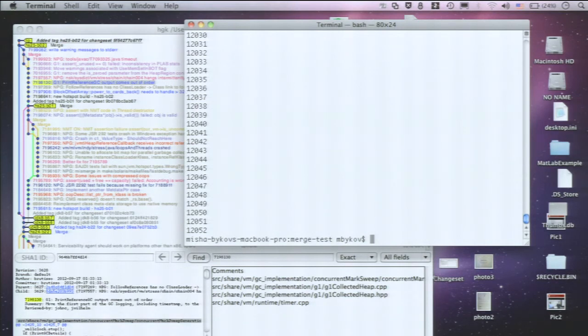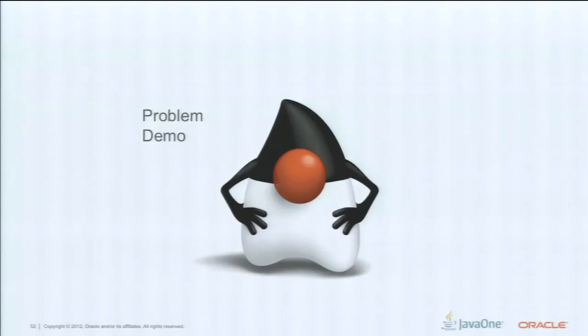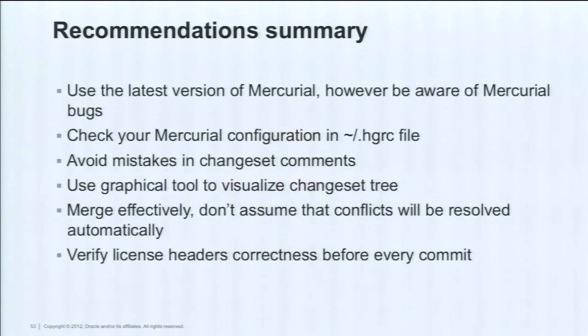Okay, let's go back to the presentation. Okay, here are recommendations. That's a summary of recommendations with respect to OpenJDK development. Definitely we would recommend to use the latest version of Mercurial.